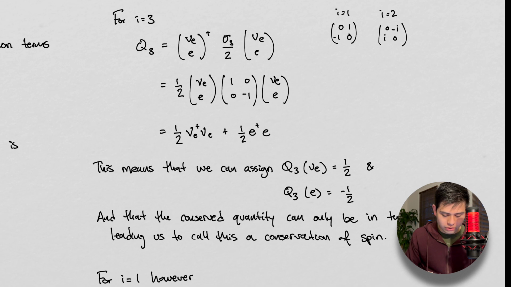And what's important to note is that the diagonalized matrix, in this case sigma 3, is going to be the thing that gives us those eigenvalues because it's diagonalized. If you've taken linear algebra, then you can recall that you need a diagonal matrix in order to get the eigenvalues.